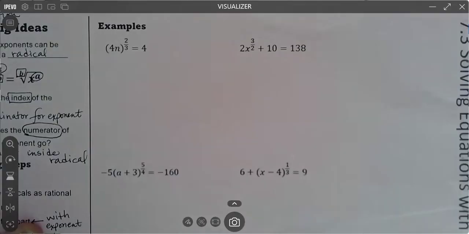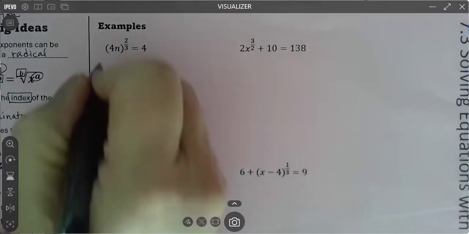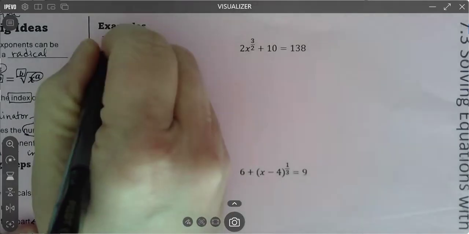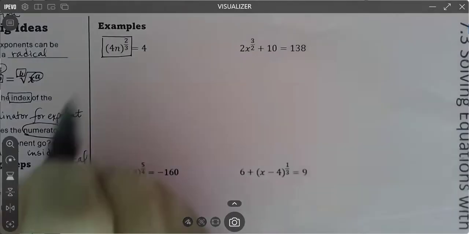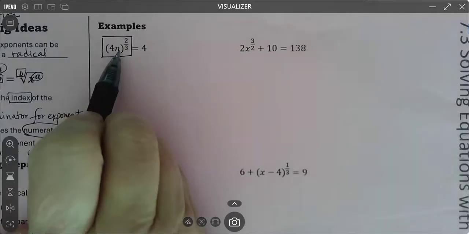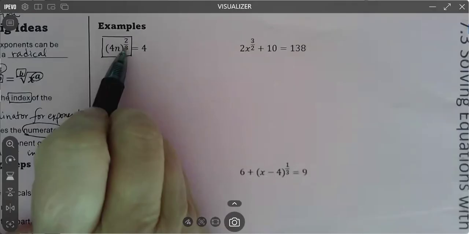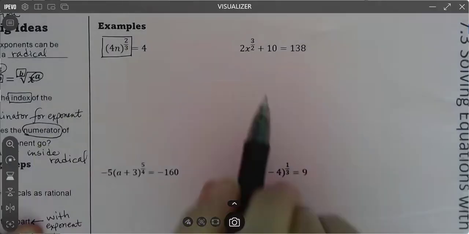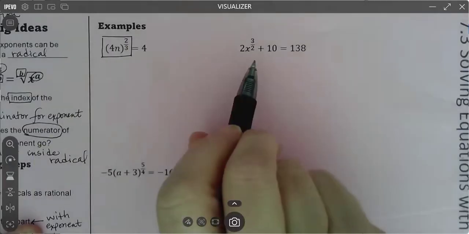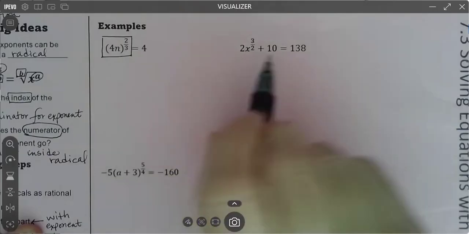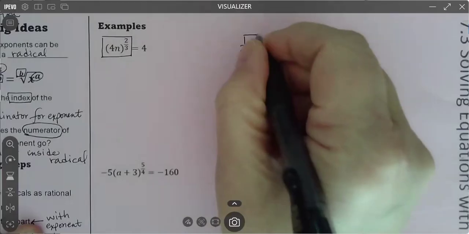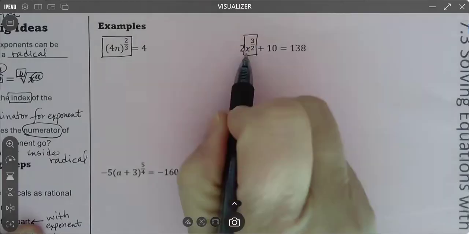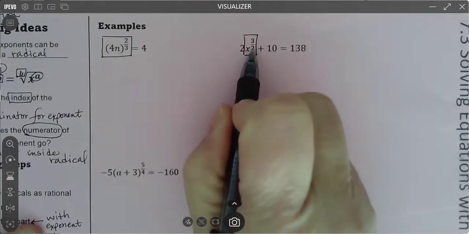For this first problem, there's parentheses. That tells me that both the 4 and the n have this exponent. For this second problem, there's no parentheses. That tells me that only the part of the equation that's closest to the exponent has an exponent.